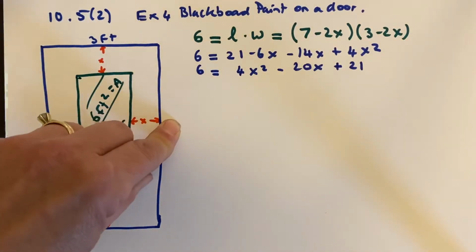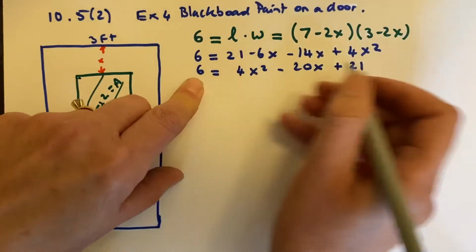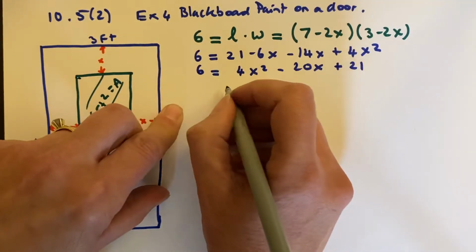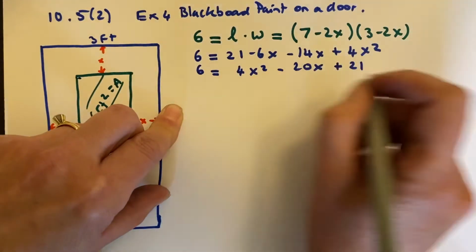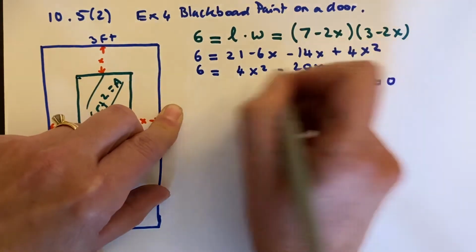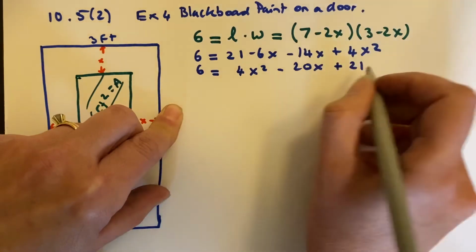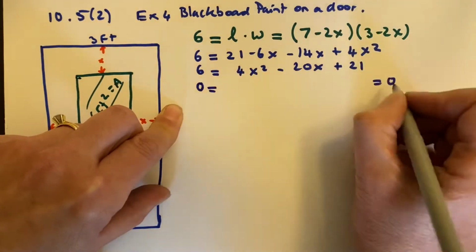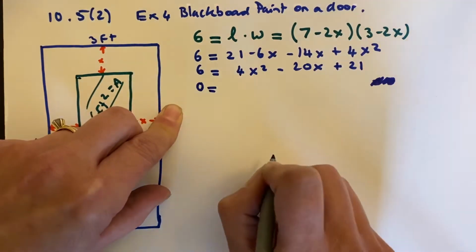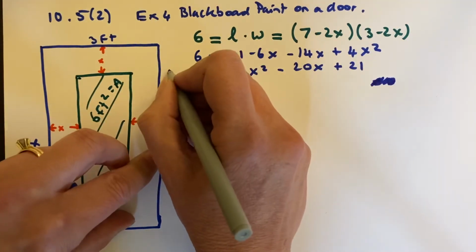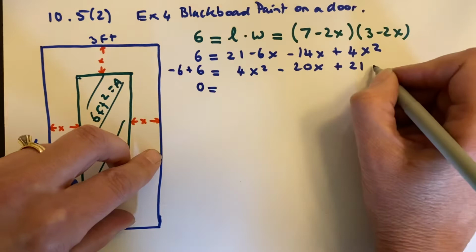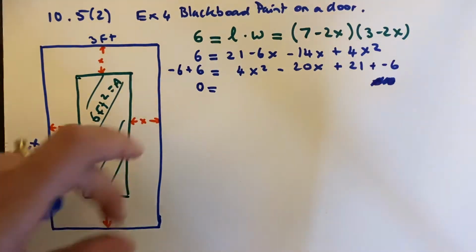Okay. I am going to now subtract out the 6 and put it at the end. Actually, let me do this in 2 steps so I don't confuse you. So first, I'm going to keep 0 equals here. I'll flip it later. And I'm going to subtract 6 from both sides, right? Negative 6 to make it disappear, plus negative 6.